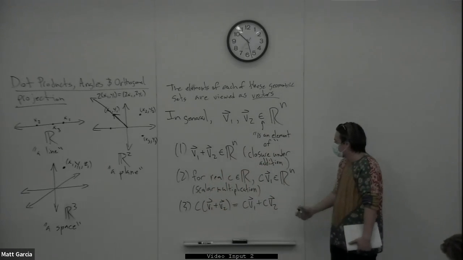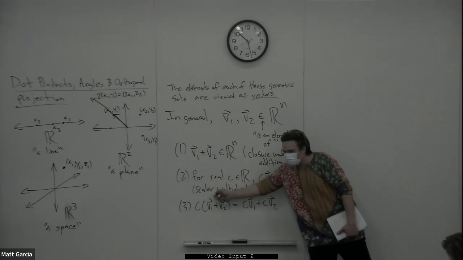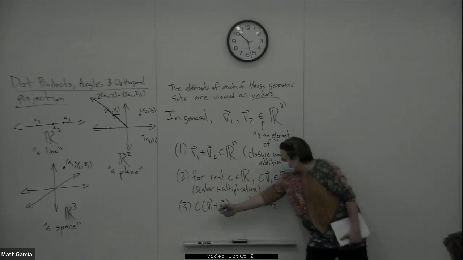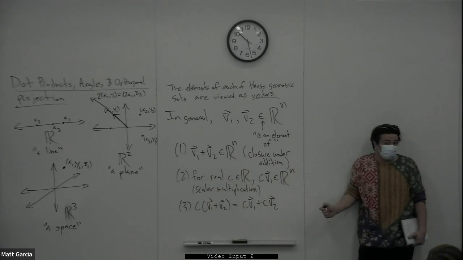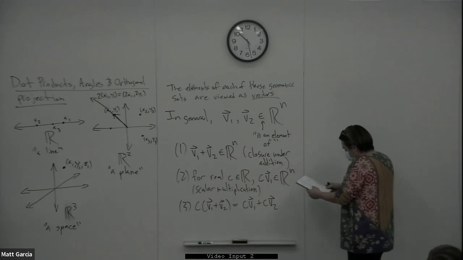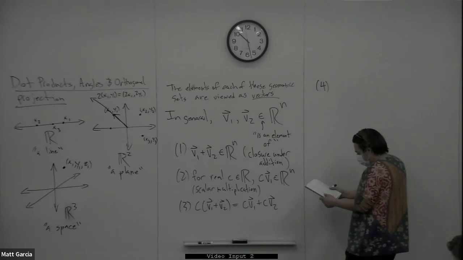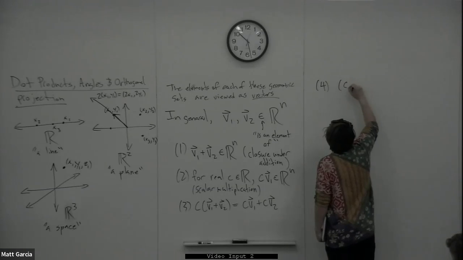That is to say, the addition operation and scalar multiplication interact nicely together. I can distribute scalar multiplication across a vector addition. Okay. And we can also do that in the opposite order, whatever that means. Well, let me explain what that means.